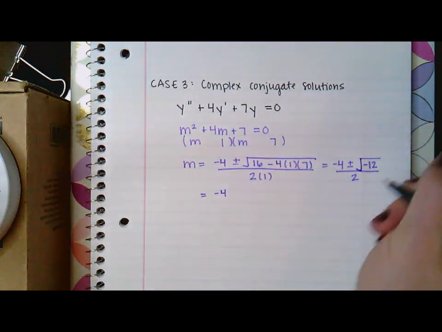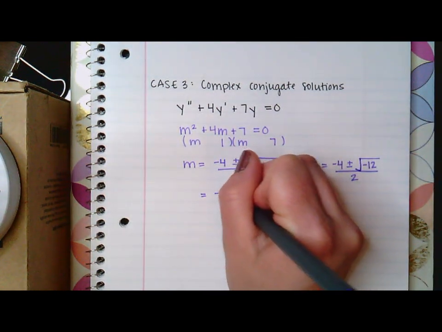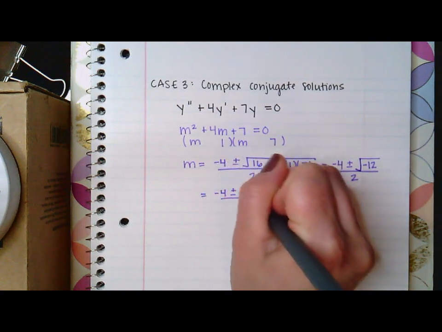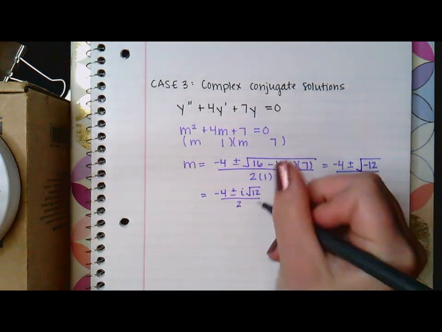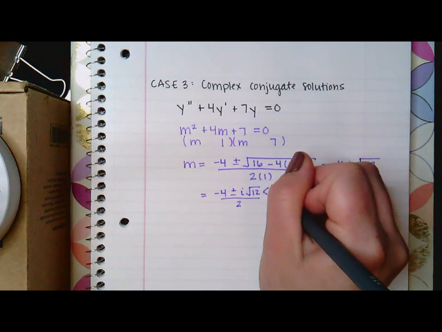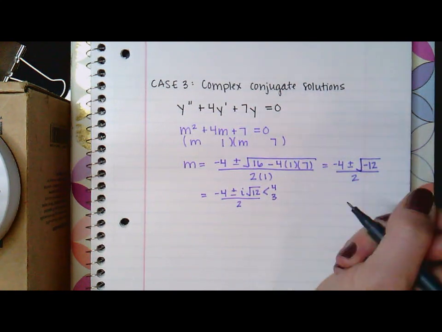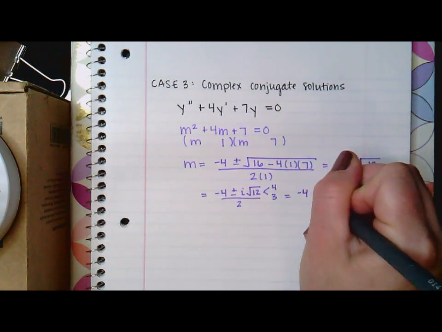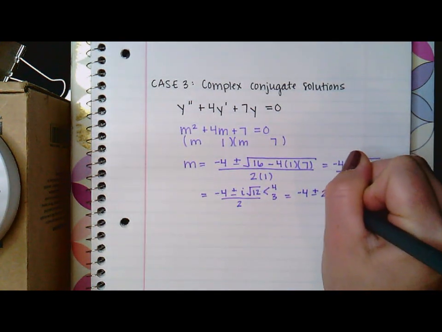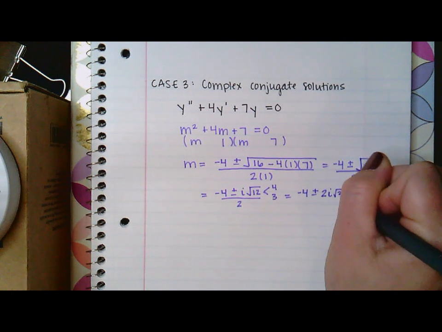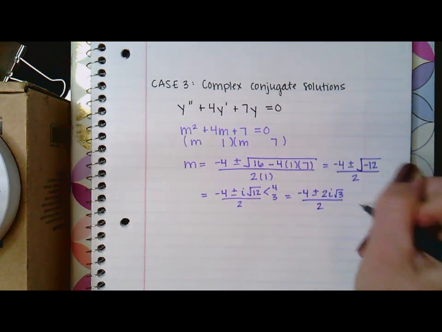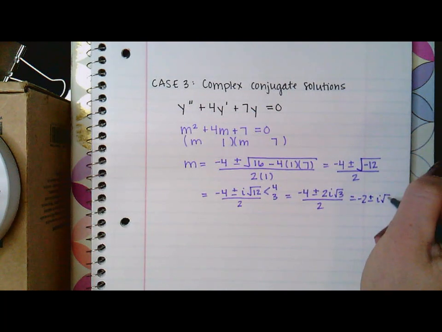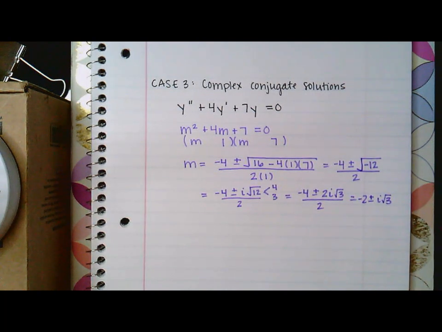If I wanted to simplify, I would say that's i square root of 12 and then all over 2. And then 12 has factors of 4 and 3. I can take the square root of 4 and get 2i root 3. And then one final simplification here.